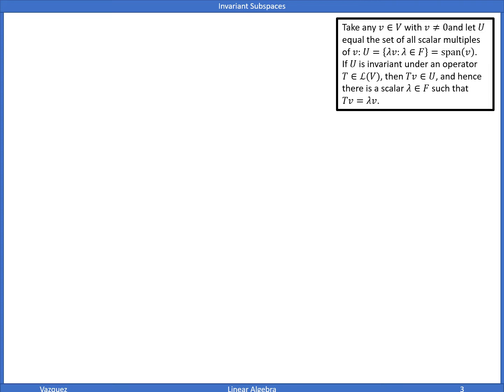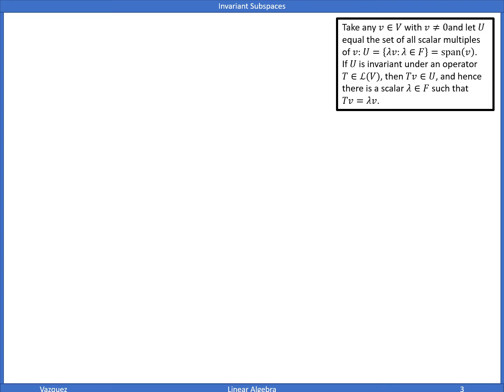So take any vector v in the vector space V, where it's not 0, and let u equal the set of all scalar multiples of v. So the set u is just v scaled by any lambda, which obviously is in the span of v, by definition, just any scalar of v. If u is invariant under an operator T, then Tv is also in u, right?